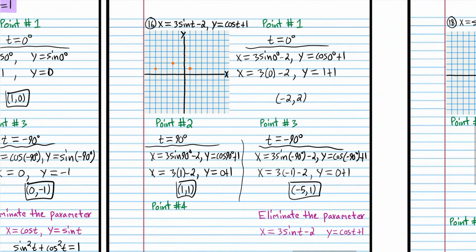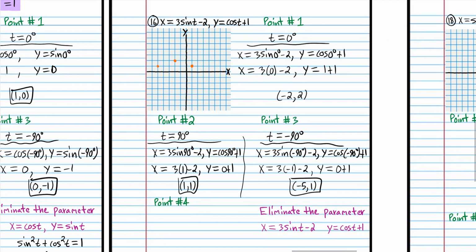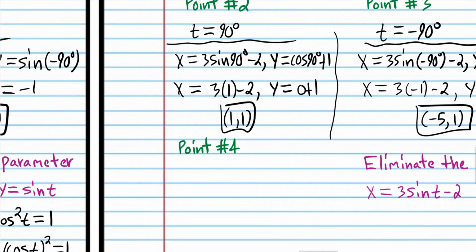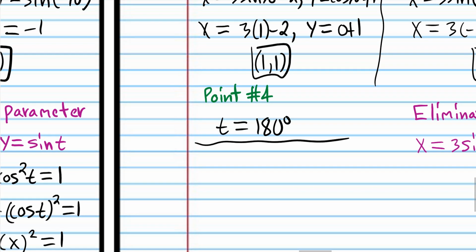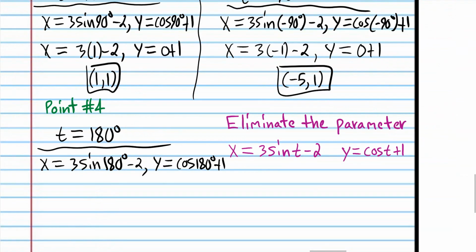And what else can we choose? If we choose 180, we'll get -2, 0. So that looks like a good point, or good parameter, 180 degrees. So x is equal to 3 times sine 180 minus 2, and y is equal to cosine 180 plus 1.